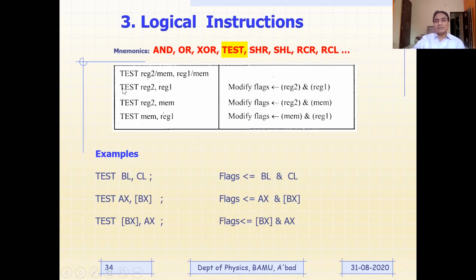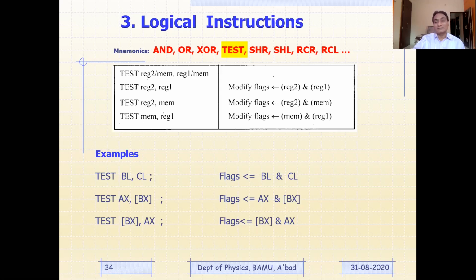So accordingly there could be three different types: register 2, register 1; register 2, memory; and memory, register 1. Here, if you look at its action, register 2 is going to be logically ANDed with register 1, but we are not going to update any register. This is the only difference between the TEST instruction and the logical AND instruction.